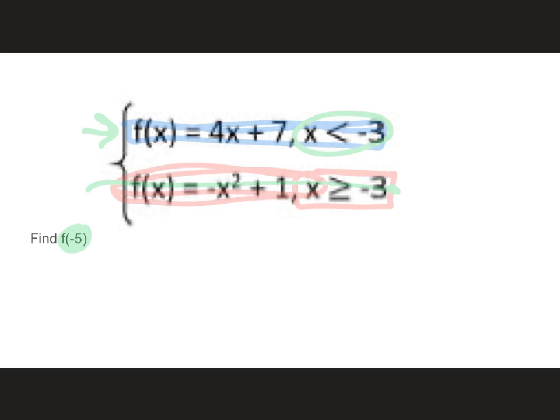And we just would solve it like we normally would, like we did before. So every time we see an x, we substitute. So it's 4 times -5 plus 7, because it meets this requirement right there. X is less than -3. So we've got -20 plus 7, -13, and that's our answer.